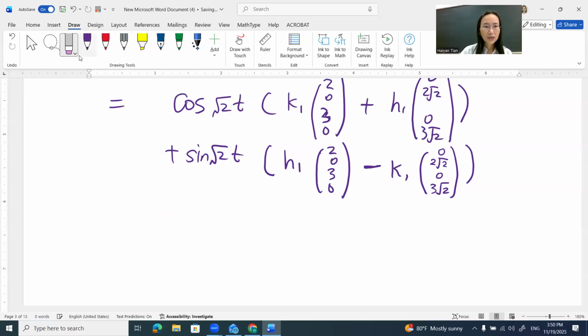So we only write the cosine sine bracket. So cosine square root of 15 t times k2 now.